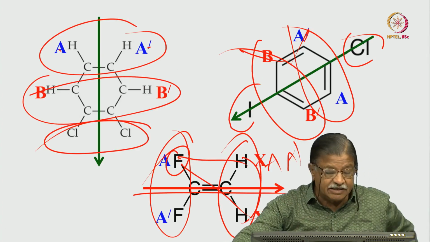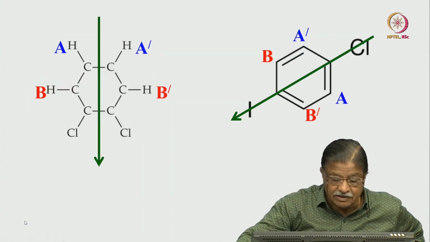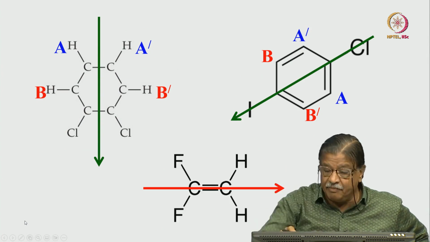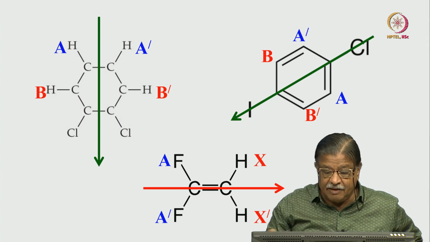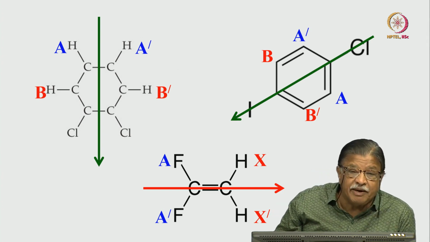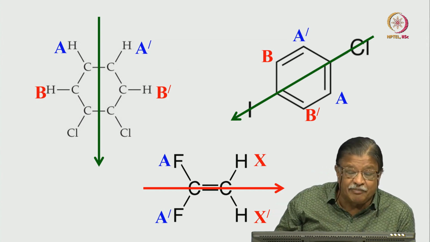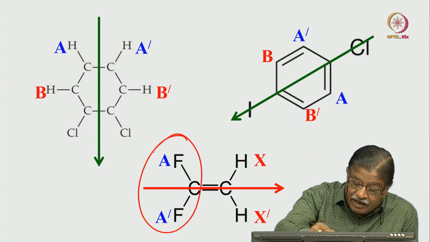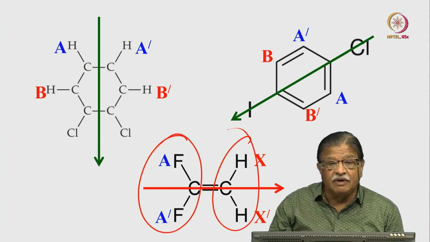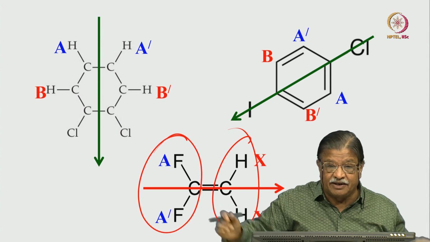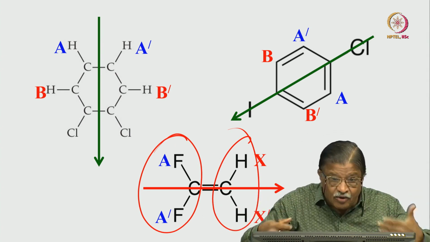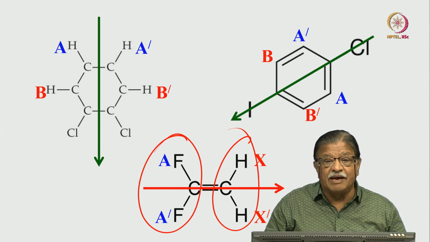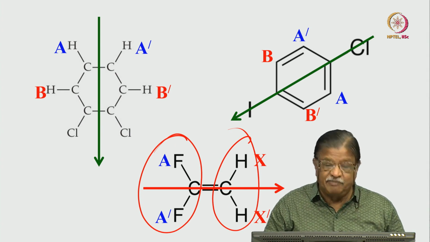Remember, this is A prime XX prime spin system. This is A prime BB prime, and this is A prime XX prime. Why XX prime? Because weakly coupled means, look at it, these are all heteronuclei. Obviously, the chemical shift separation is in megahertz and the coupling is so small. So, this is a heteronuclear weakly coupled A prime XX prime spin system.